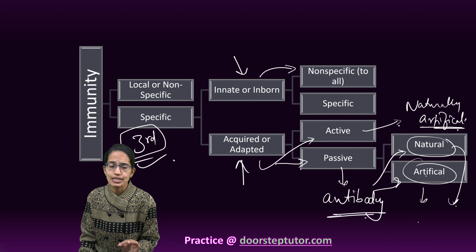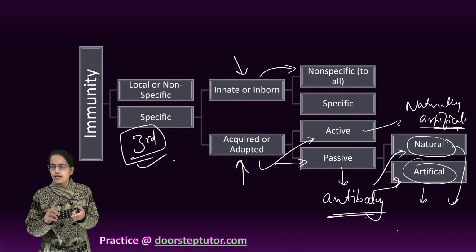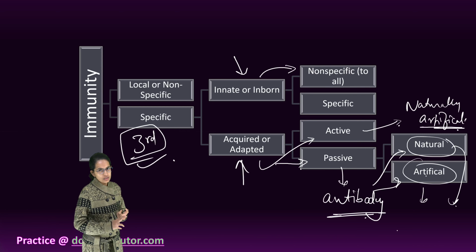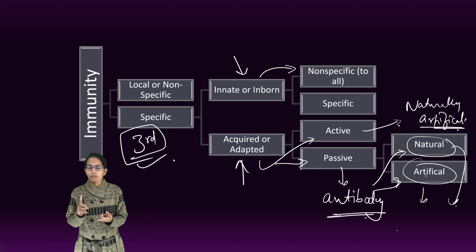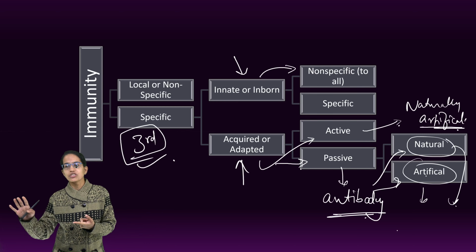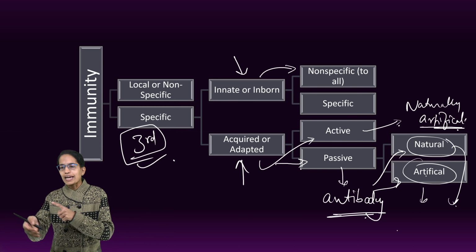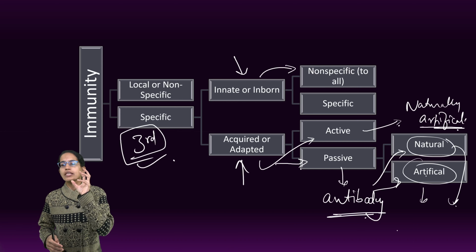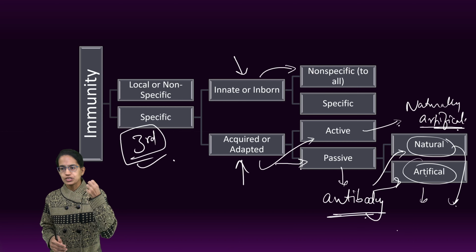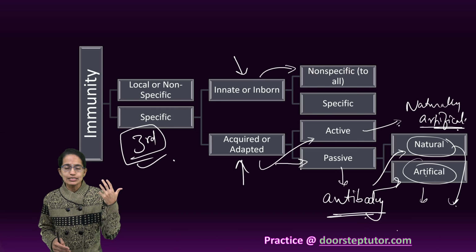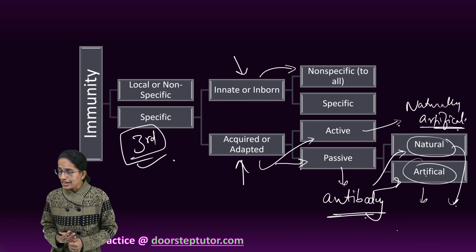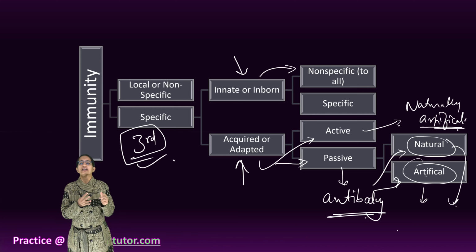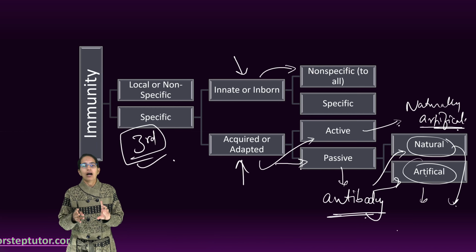The idea here is, to summarize again, the immunity can be non-specific and specific in nature. The non-specific one could be external, which is the first line of defense: hair, skin, and under the chemicals, the secretions through sweat glands and sebaceous glands. The second line of defense could be WBC, interferons and macrophages.